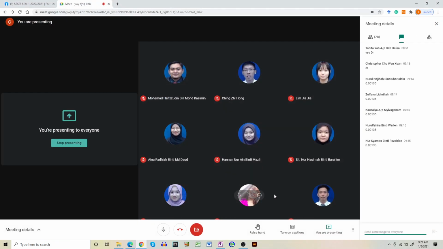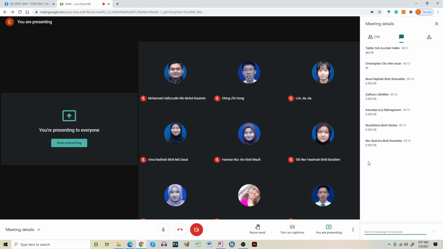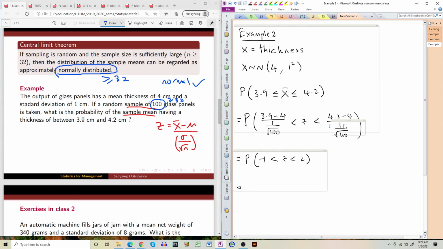Some of you have done this, good. Some of you are trying. 0.00135, yeah. Compute this for me. By this time you should be able to. You are an expert on using the Z table.